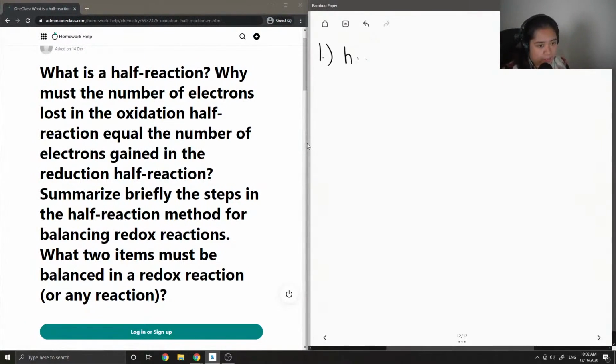But basically, a half reaction can be either an oxidation reaction or reduction.